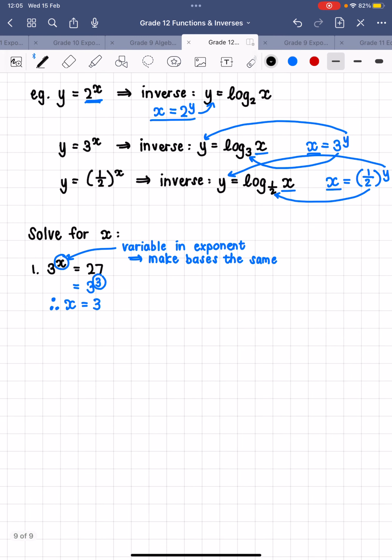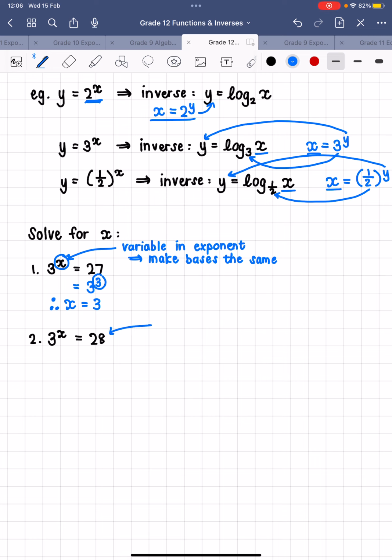But now what's going to happen if we are given an example where we can't do that? So like 3 to the x is equal to 28, for example. Again, we have the variable in the exponent, so we would need to write both numbers with the same base. Can we write 28 as 3 to the power of something? We can't, right? I mean, we could, but it would have to be a decimal.